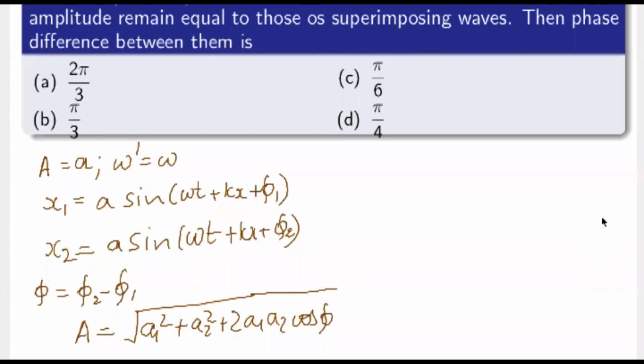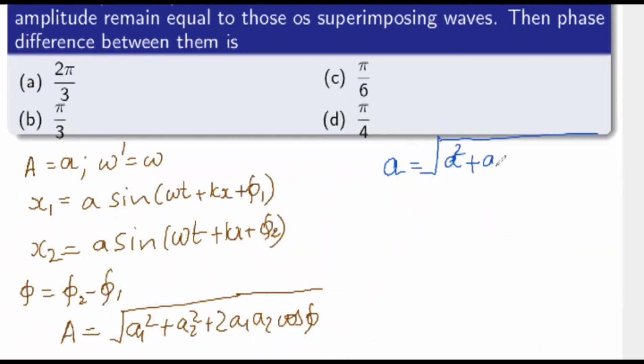Now let's substitute the values. Resultant amplitude A is equal to small a, and the square root of amplitude of the first wave a squared plus amplitude of the second wave squared plus 2 times first wave amplitude into second wave amplitude, and cosine of the phase difference, say it is phi.